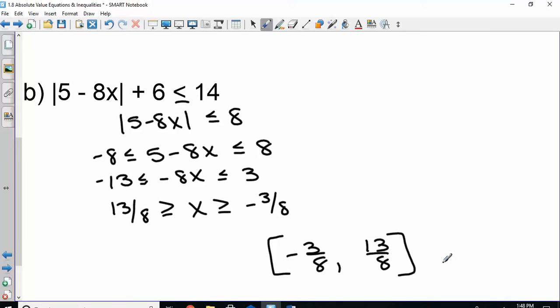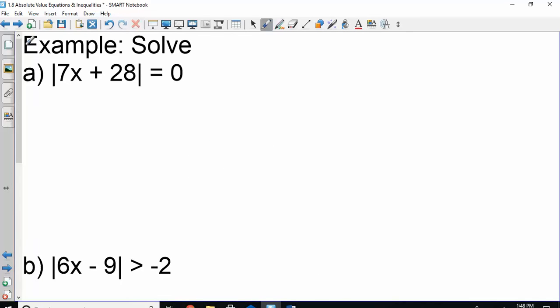I have one last slide and then I'm done for today. These are just a couple of similar problems, but they have a little trick to them. On A, it's an equation. We always set it equal to a positive and a negative. Is there any such thing as positive and negative 0?